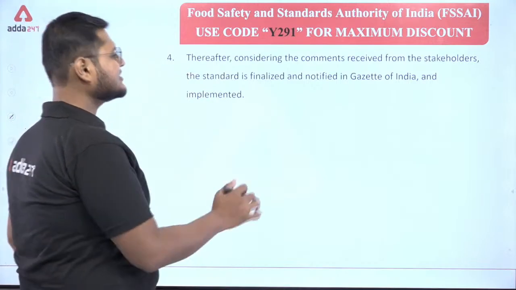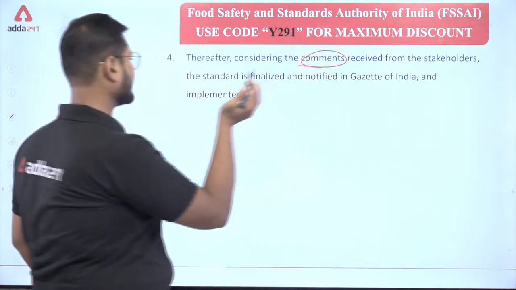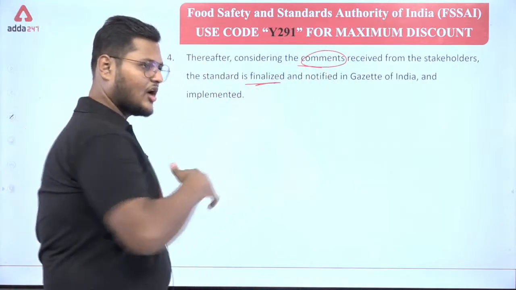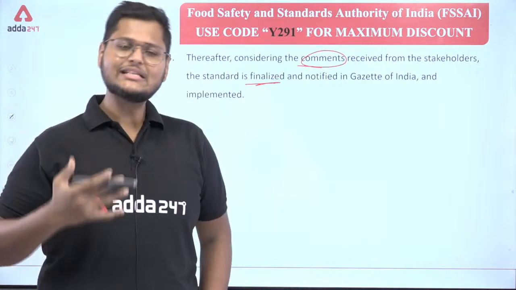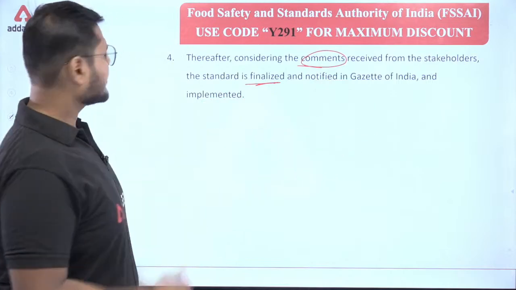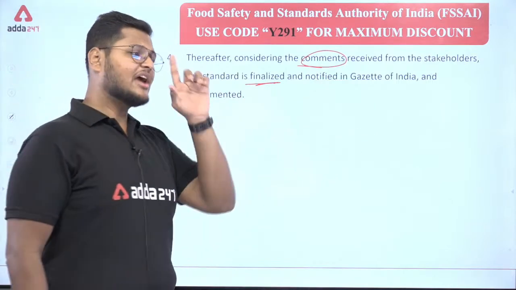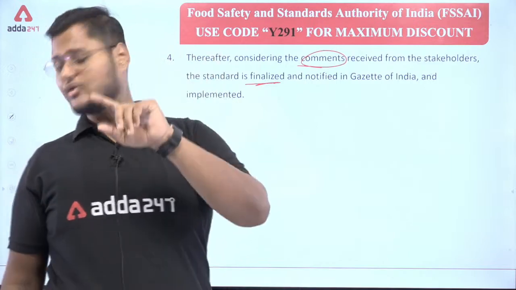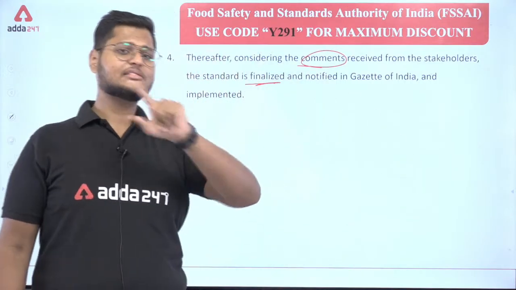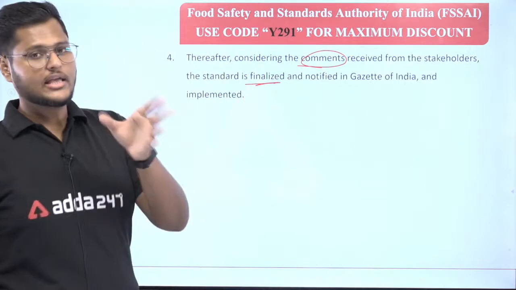Okay, so once these comments are received from the stakeholders, the standard is finalized. Now this is the final standard and this can be notified in the Gazette of India and implemented. Clear? So each and every standard, all of these rules and regulations are notified in the Gazette of India. Keep this in mind.